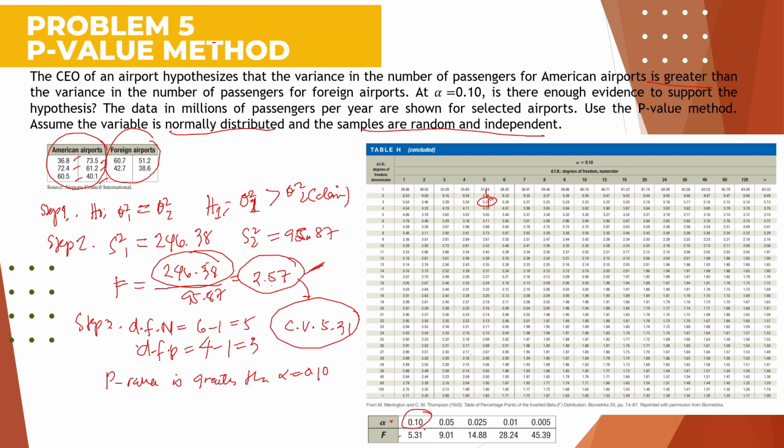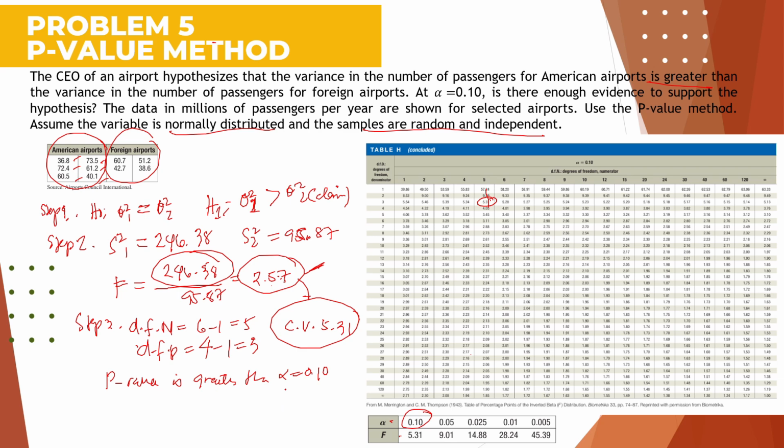So if you convert this one to 2.57, the result is greater than the alpha given here, which is 0.10. Therefore, the p-value is greater than the alpha 0.10.